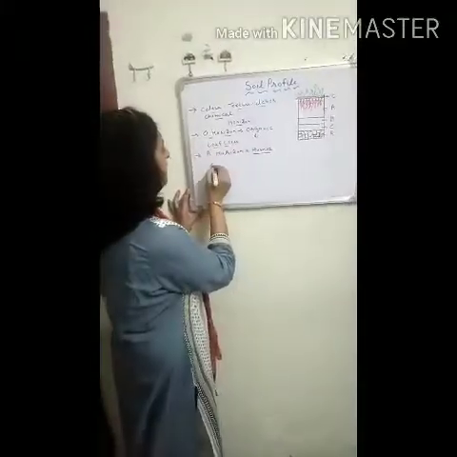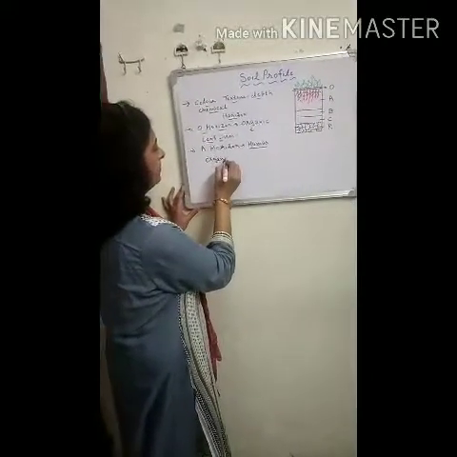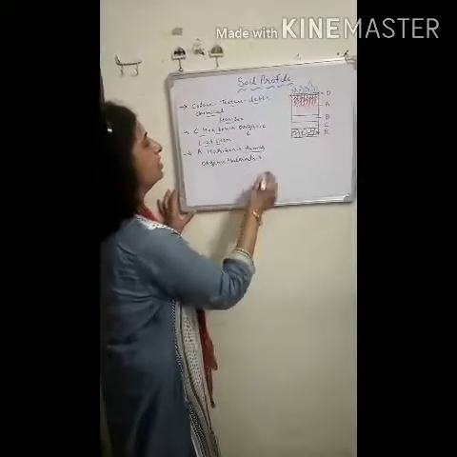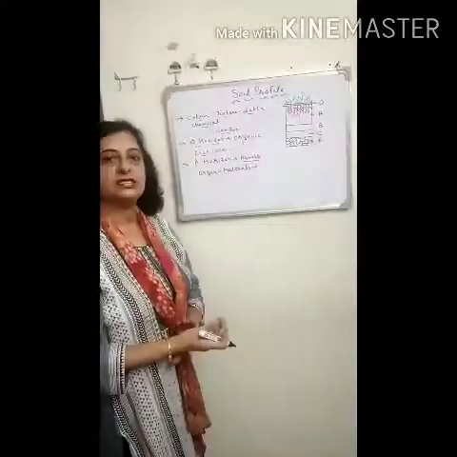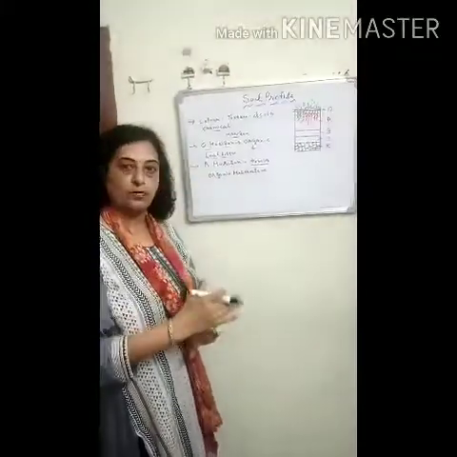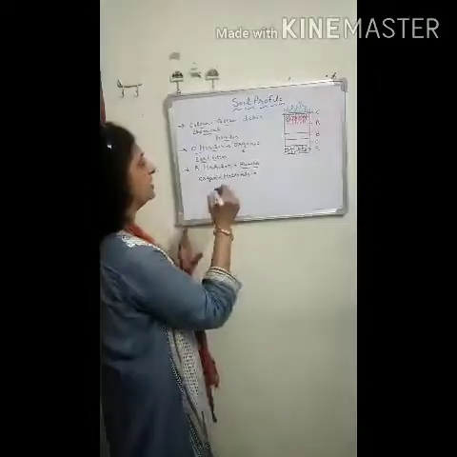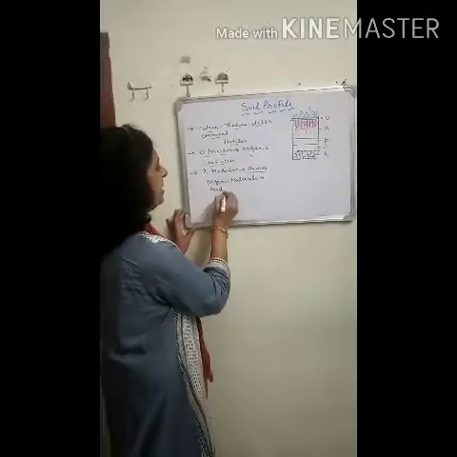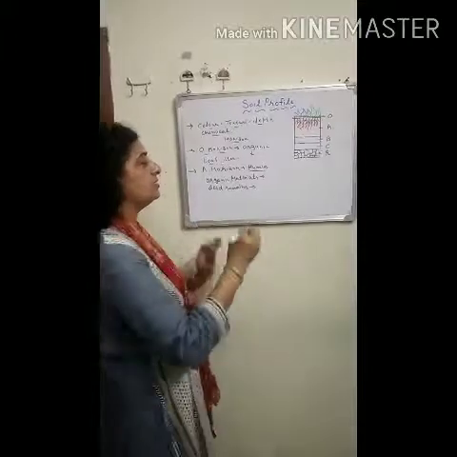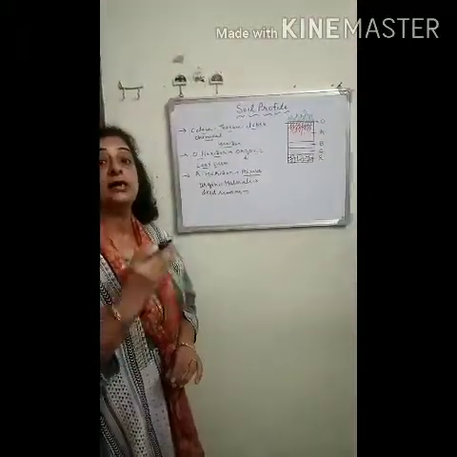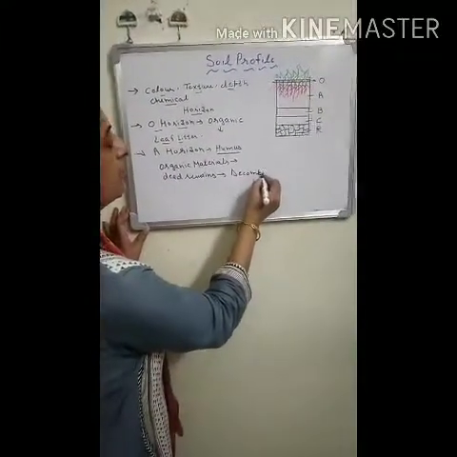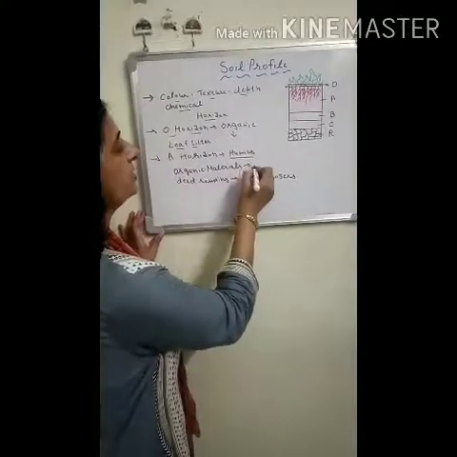When organic materials like leaves, stems, twigs and fruits that have fallen from the trees, along with the dead remains of plants and animals, are decomposed by the decomposers, then humus is formed.